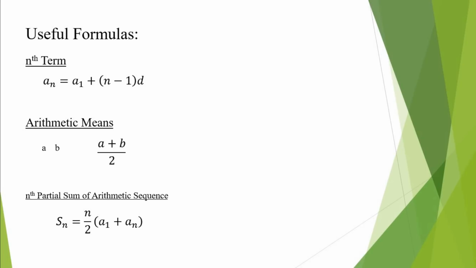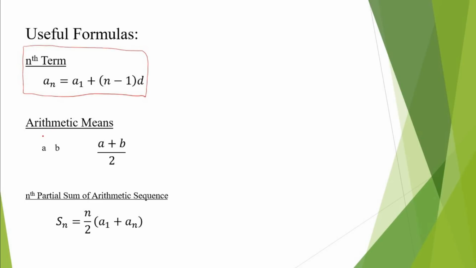So these are the corresponding formulas often useful when it comes to problems involving arithmetic sequences. So we have this formula to find the nth term: a sub n is equal to a1 plus n minus 1 times d.